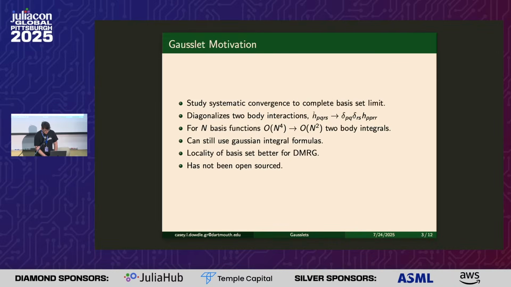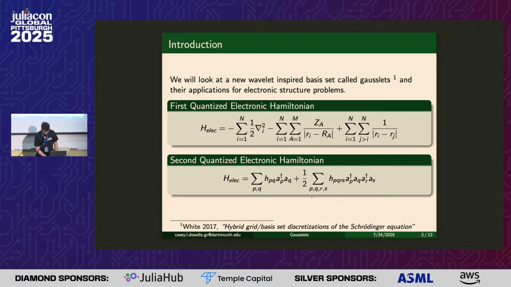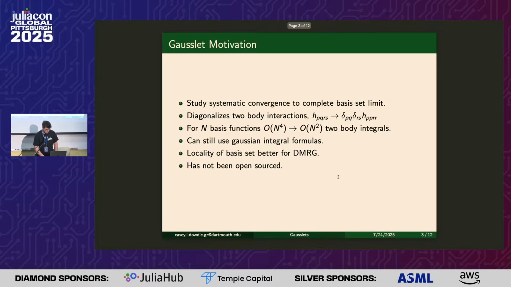One really nice property of this basis set that distinguishes it from a lot of other ones is that it actually diagonalizes the two-body interactions. If you recall the previous slide, these elements describe a rank 4 tensor of the different integrals you need to perform.